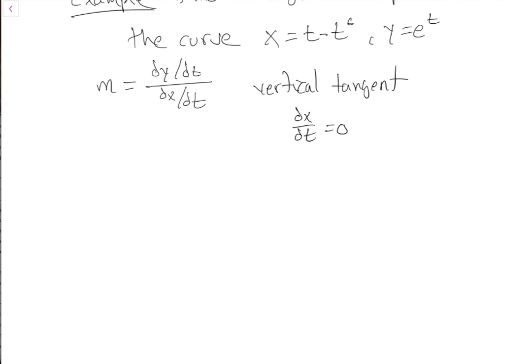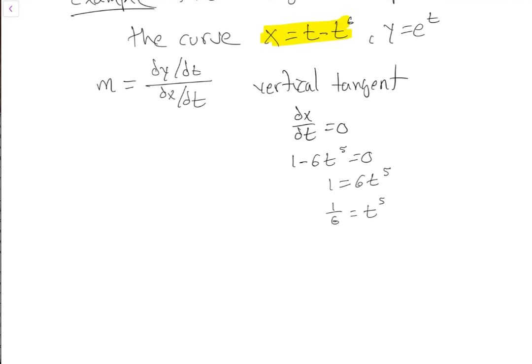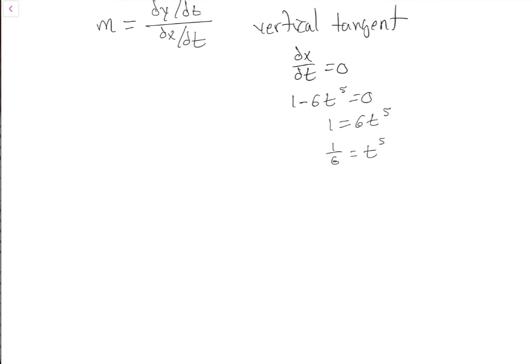So for this particular set of parametric equations, looking back up at my x equation, dx/dt is going to be 1 minus 6t to the 5th. Setting that equal to 0, we get 1/6 equals t to the 5th, and then I'm going to take the 5th root of both sides. So I'm going to take the 5th root of 1/6, and that should be my t value.